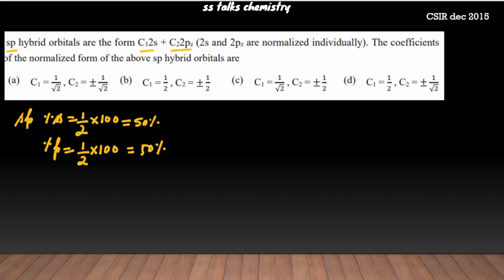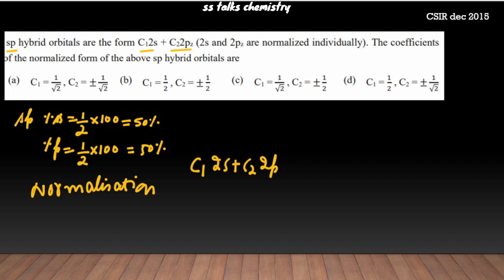So the normalization of the wave function c1 2s plus c2 into 2pz: for the normalization, c1 square plus c2 square should be equal to unity. This condition should be satisfied.